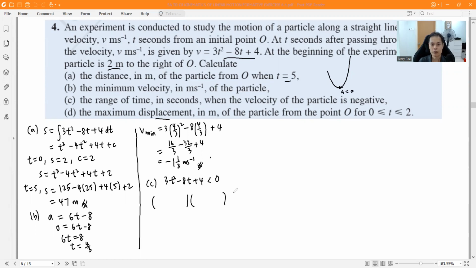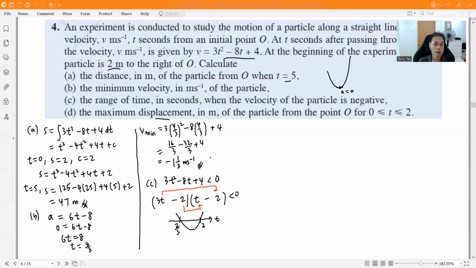Factors of 12 will be 6 and 2. I hope you know how to factorize very quickly by now, not just using a calculator. So minus and minus. We can tell that the roots should be 2/3 and 2. This is the sketch of the velocity time graph.